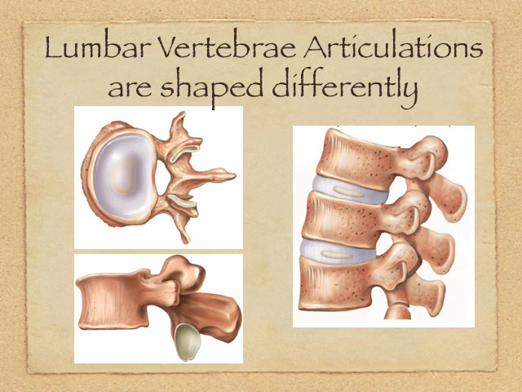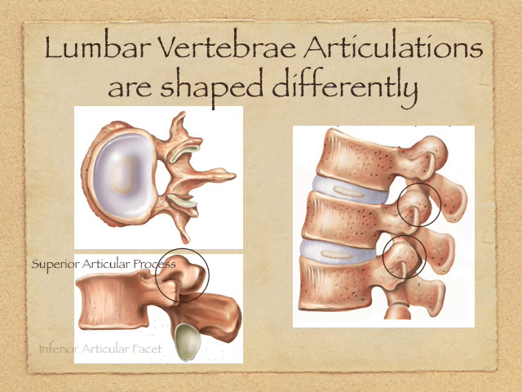For example, here in the lumbar vertebra, we have the exact same articulations. You can see them here. And yet the surfaces that touch and meet one another are not the same. Given a single vertebra, here's the superior articular process on this lumbar vertebra, and here's the inferior articular facet facing us on the process that's sticking down.